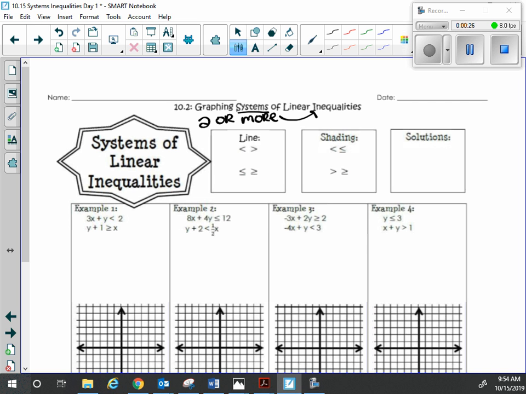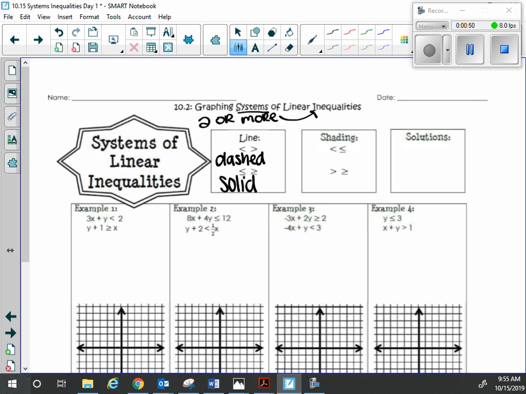So if I have a less than or a greater than sign, what kind of line is graphed? Dotted line. Dashed line. Okay, if it's or equal to, the line then becomes solid.